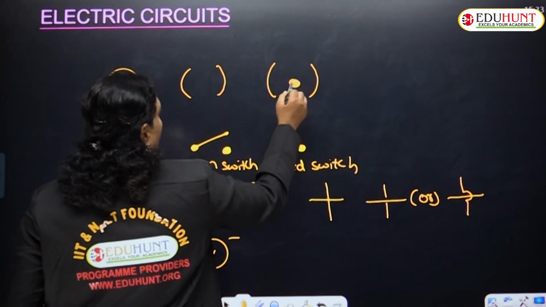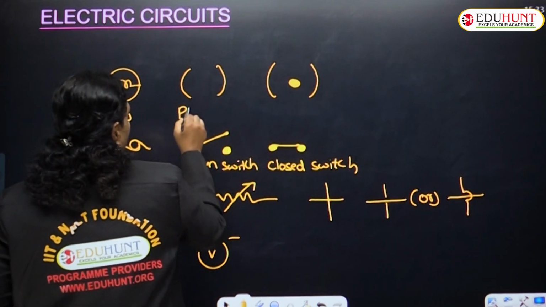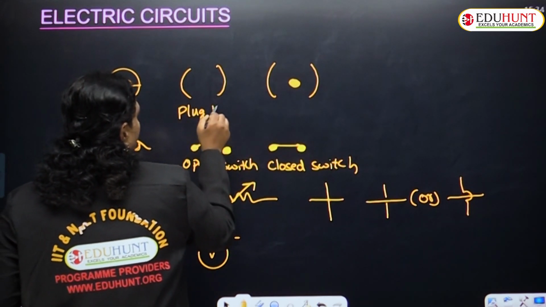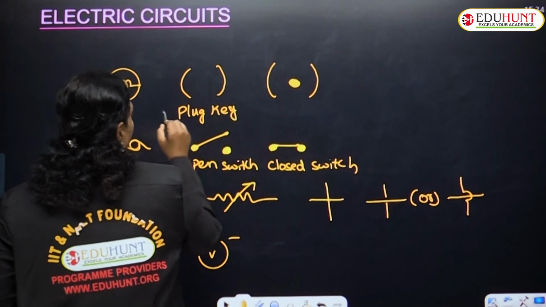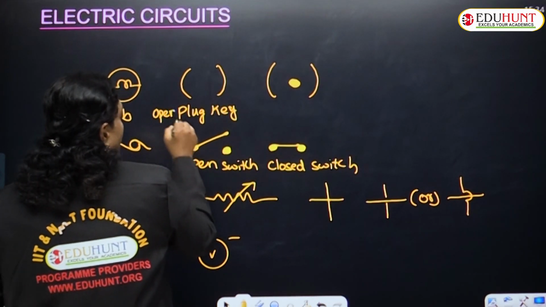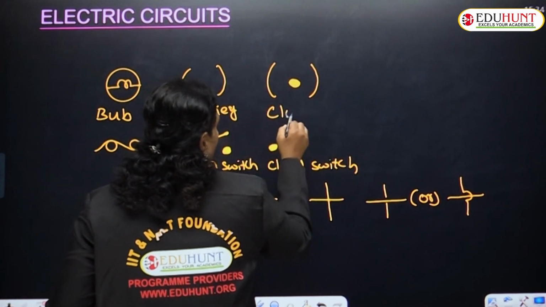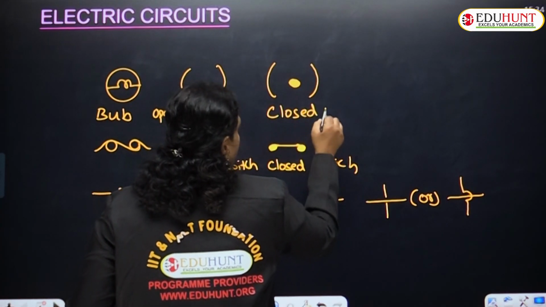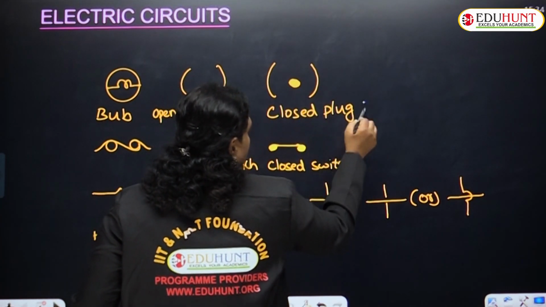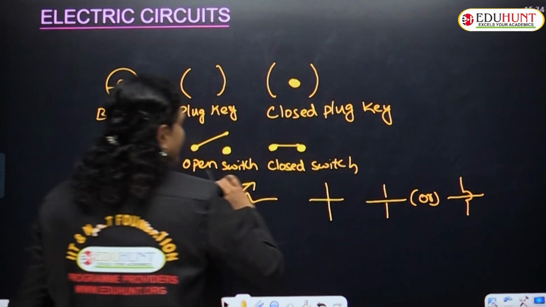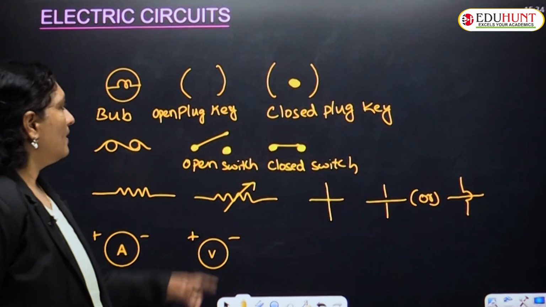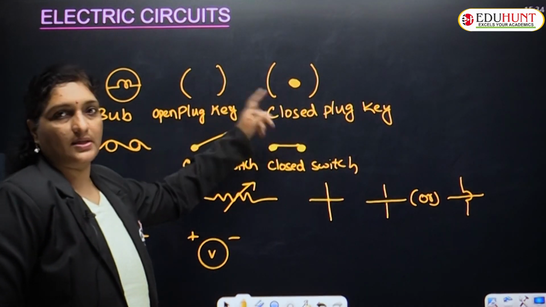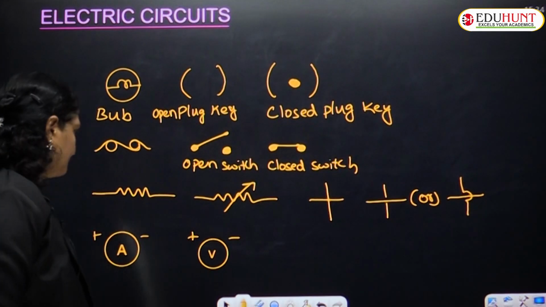This is all about your plug key. Both almost mean the same. This is the open plug key, and this is your closed plug key. This is the on and off switch, and this is the closed and open plug key.